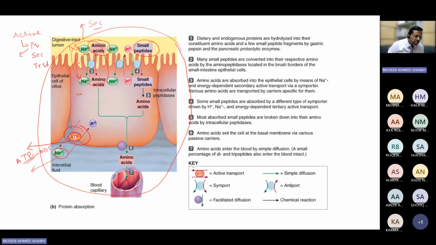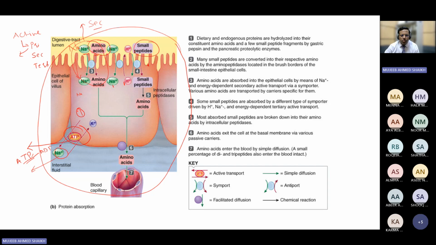Now tell me where tertiary active transport is happening. Hydrogen and small peptides. Okay, how? Hydrogen is used at two places: the sodium-hydrogen exchanger and the hydrogen-peptide transporter. Where is the tertiary? Is it with the small peptides? Yes, see here.